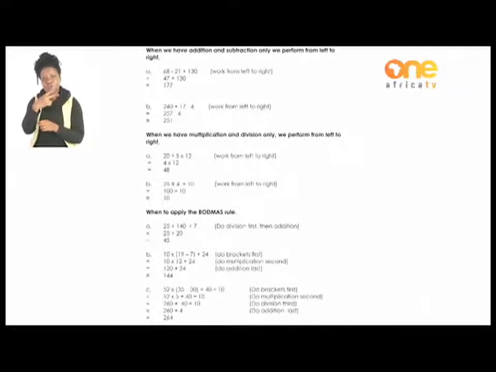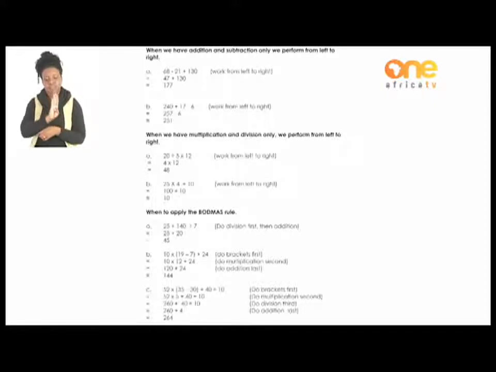So here we have a subtraction first, and that part of the sum we will do first. So we say 68 minus 21 equals 47, plus the 130. And now we do the addition sum where we say 47 plus 130 equals 177.